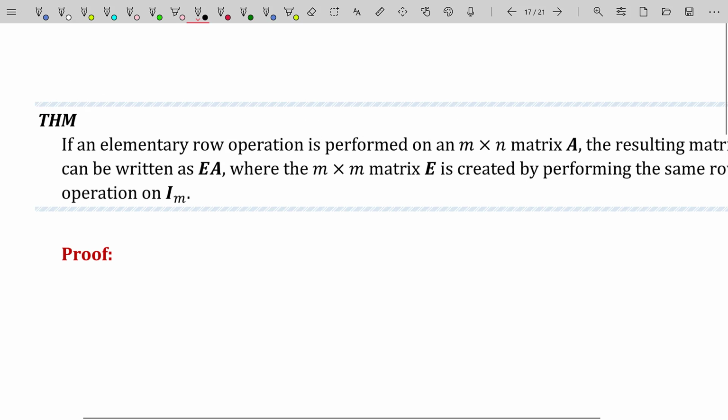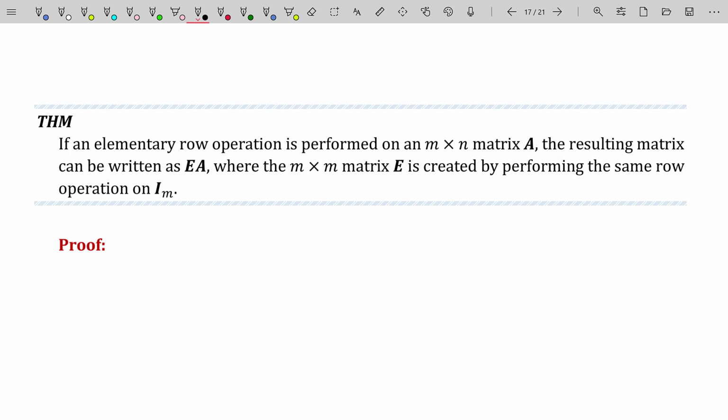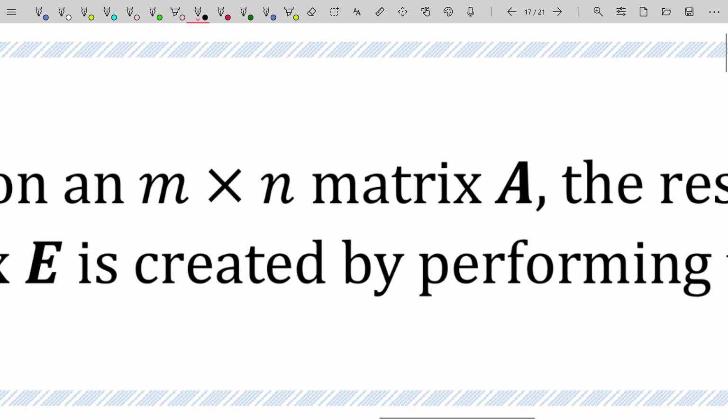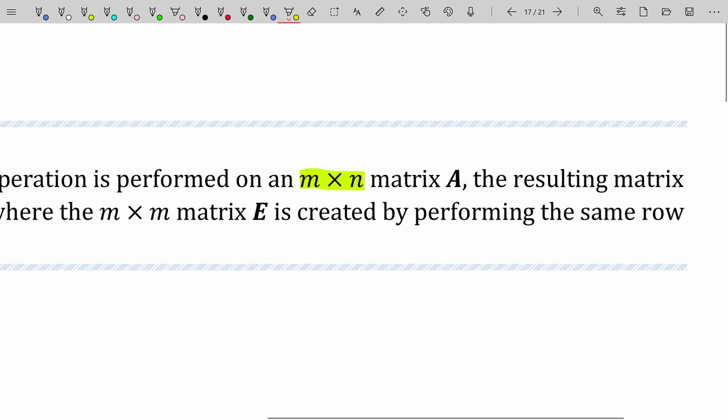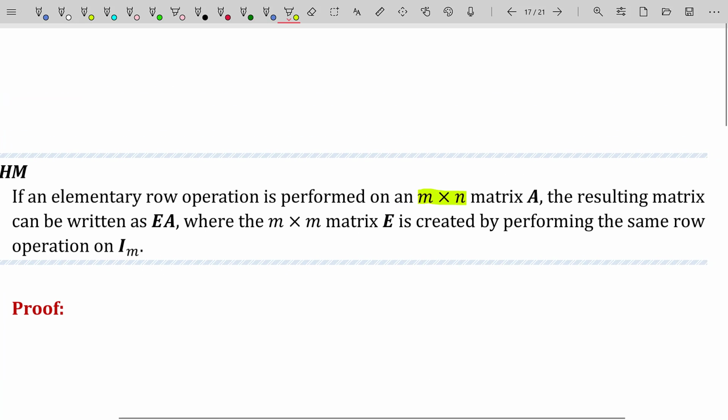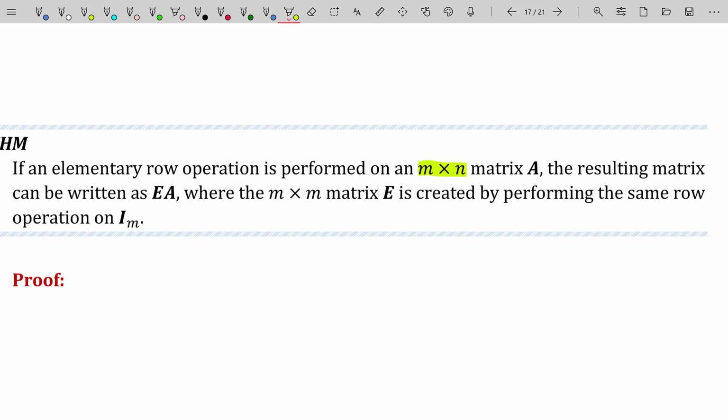This first theorem just says, if an elementary row operation is performed on a matrix A, and by the way, notice the size of that matrix. It does not have to be square. It can be an M by N matrix. The resulting matrix can be written as E times A, where E is an M by M. Remember, matrix products require their inner sizes to match.